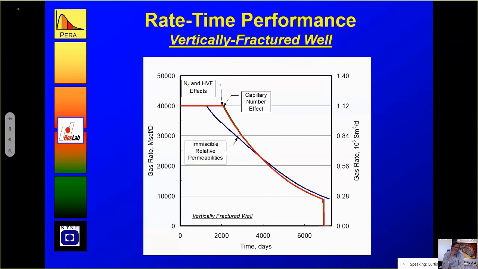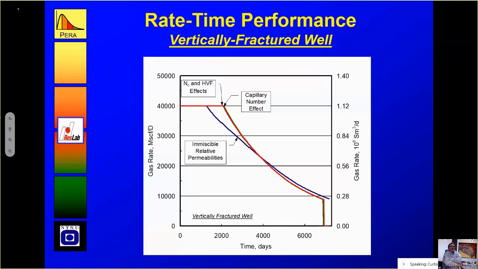you don't have the big pressure drop right at the wellbore where you have the low perm. The pressure drop in a hydraulically fractured well is distributed more evenly away from the hydraulic fracture. So a bigger part of the reservoir pressure drop is seeing original KRG, region 2, region 3.